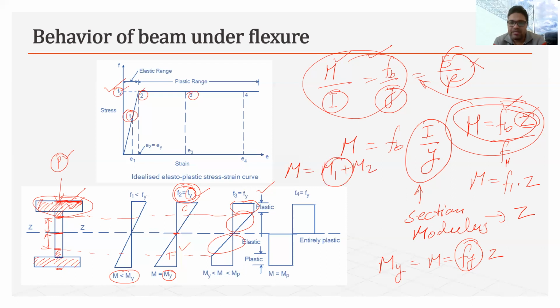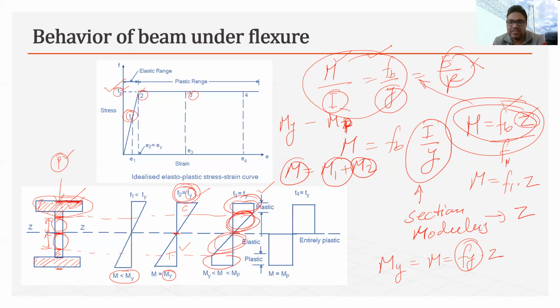M1 is because of the plastification of this part and this part, and M2 is because some part is still elastic, so M2 will be due to this part and this part. So this M value this time will be between My and Mp.